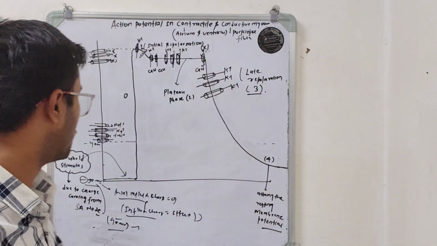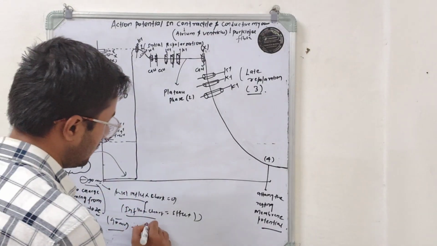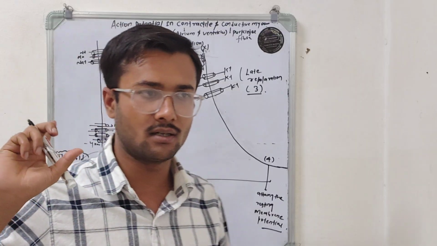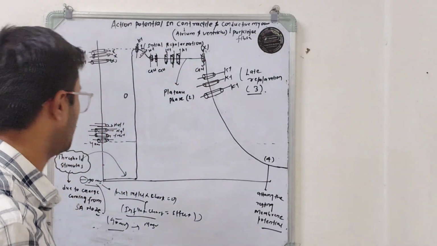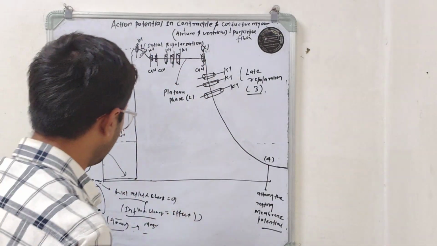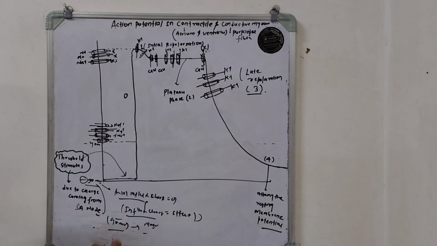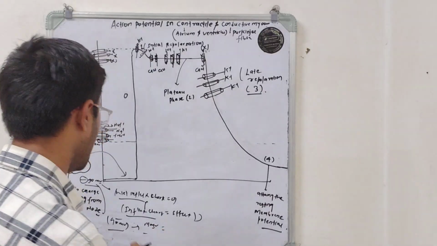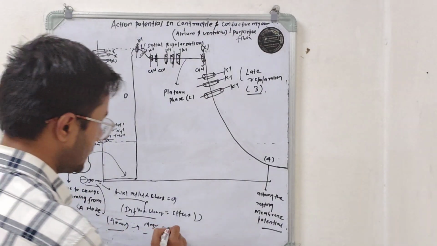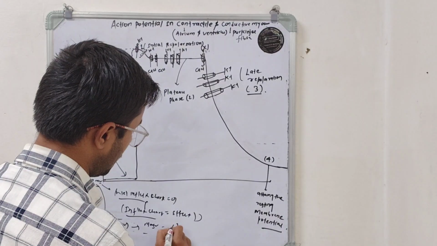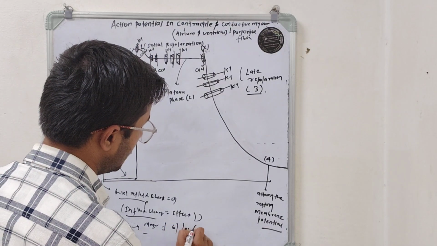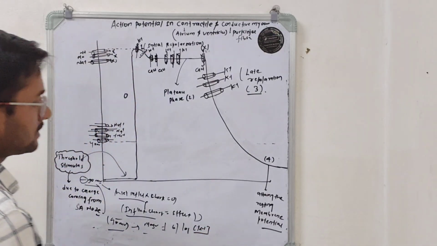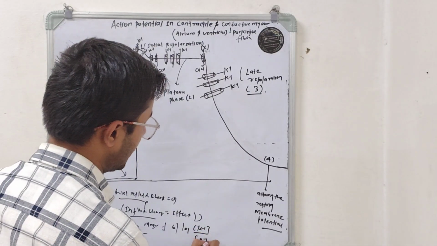This 90 millivolt is calculated with the help of the Nernst equation that you read in your chemistry in 12th standard. At equilibrium we find the electrical potential will be 61 log concentration of ions inside the cells upon concentration of ions outside the cells.